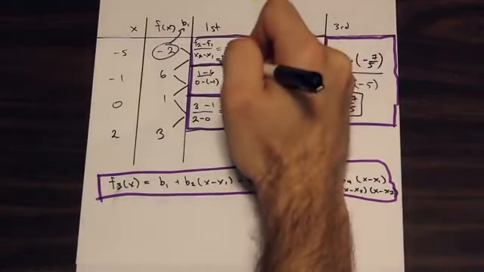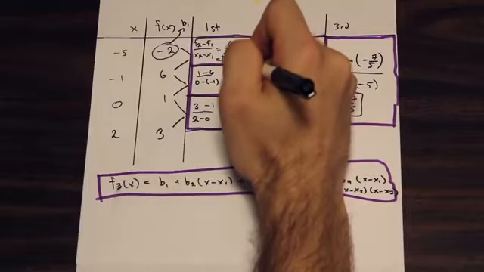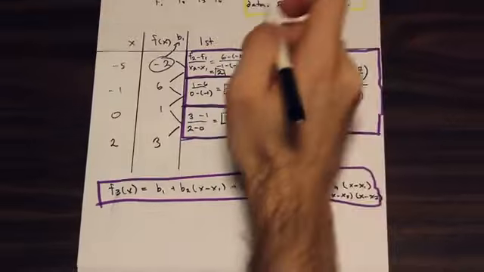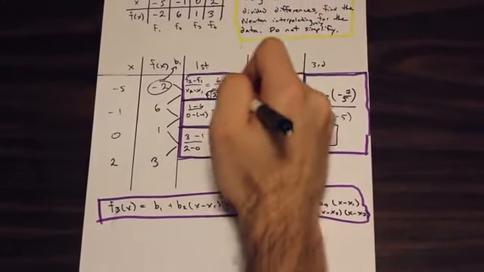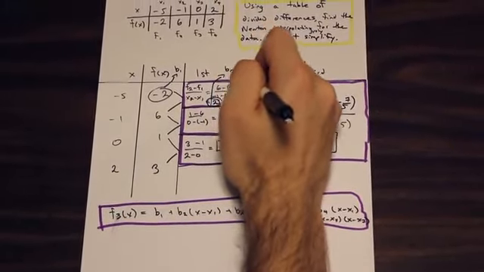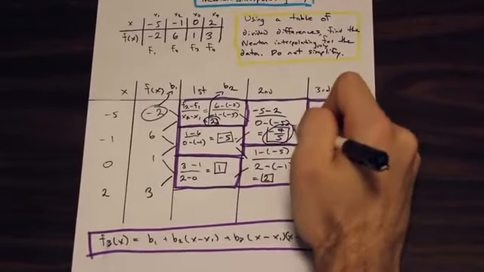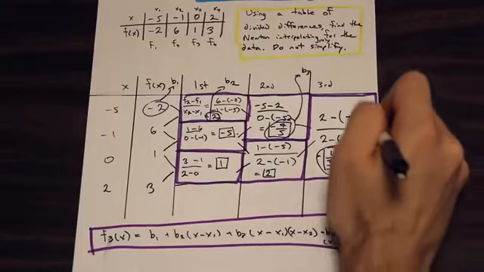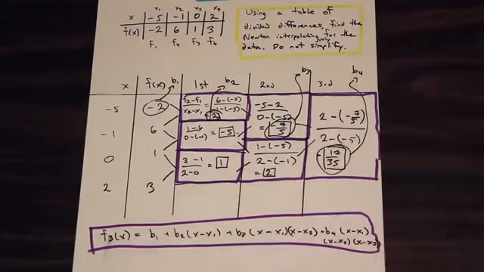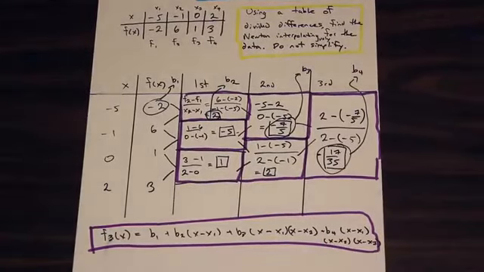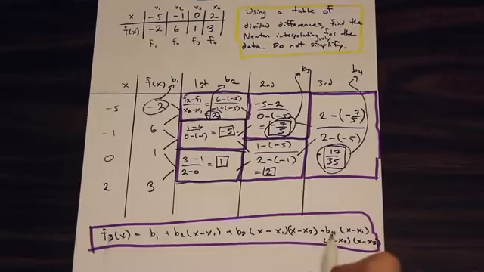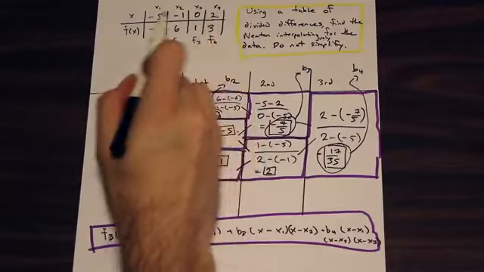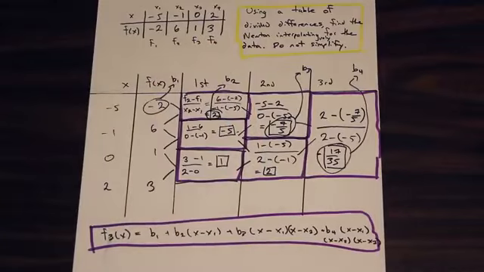The next values in our table of divided differences, the first entry of each column, are going to be our b values. So this value here is equal to b2. This value here is equal to b3. And this value here is our b4. Now all we need to do is plug values in. x1, x2, x3, which we labeled at the start, are the values here on the table.